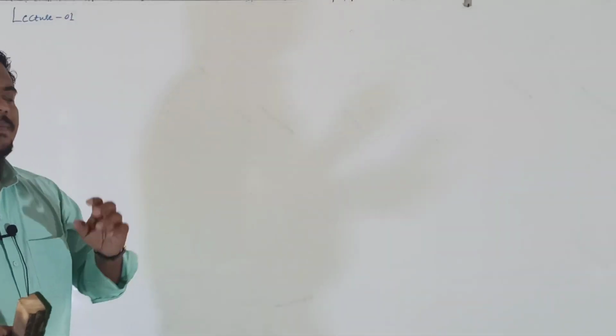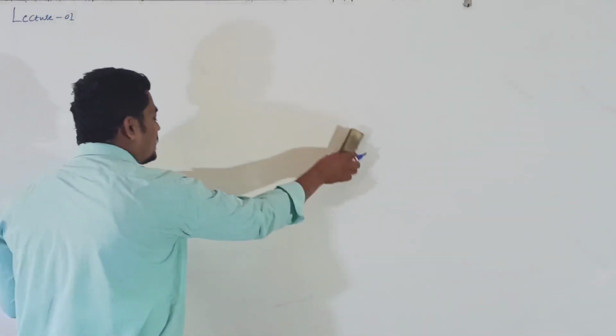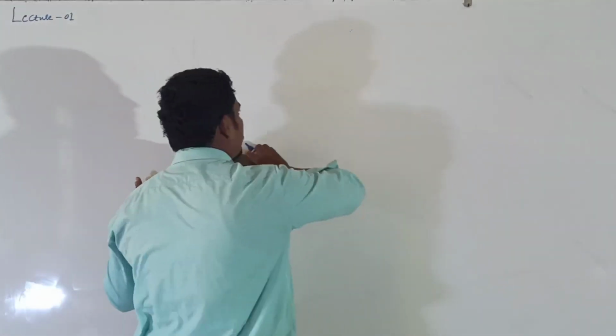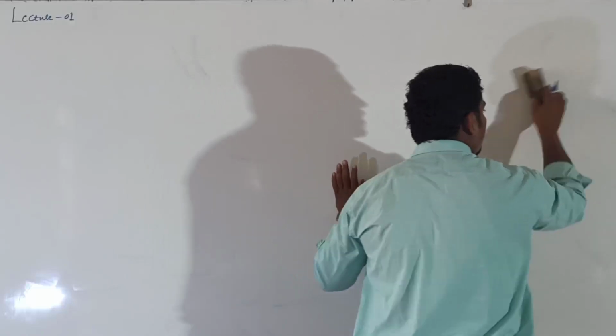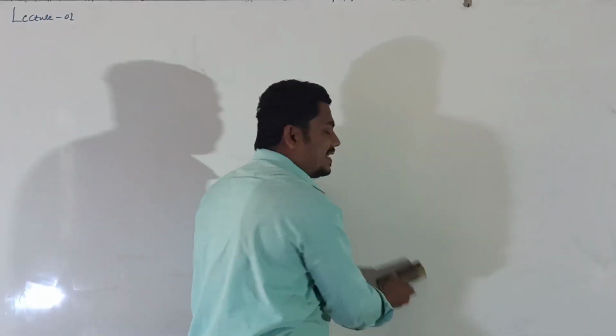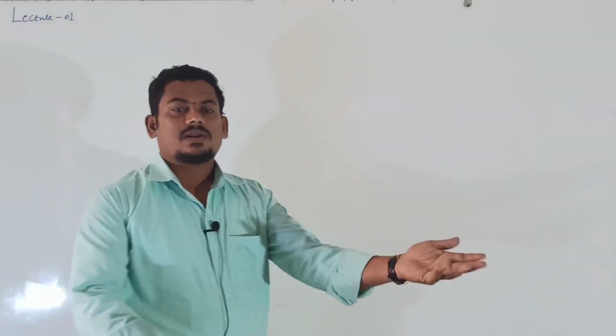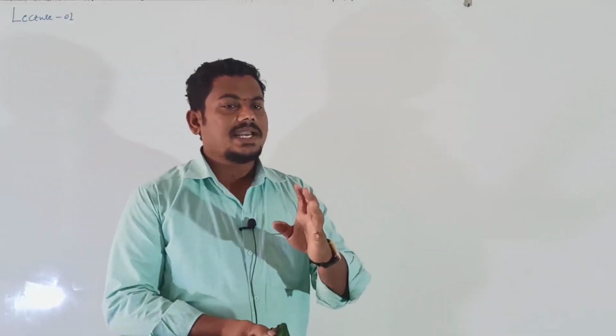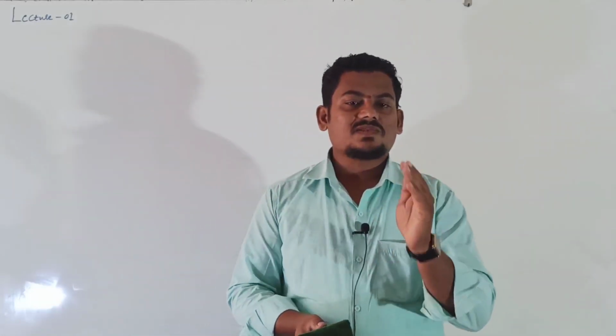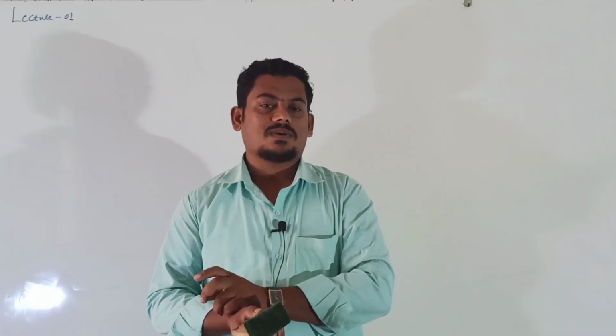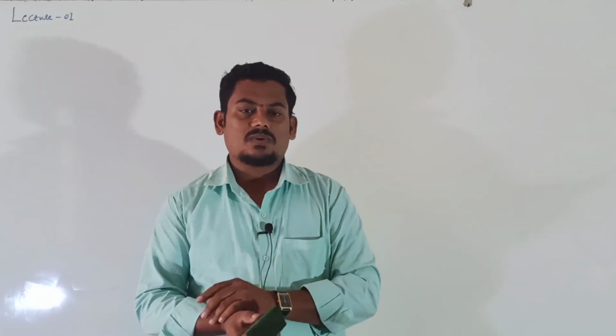Synopsis of two-dimensional geometry. Synopsis means some points, right? Briefly we will discuss, then we will go for problems. While solving problems, I will solve 50% of the problems. Remaining 50% you have to solve, right?